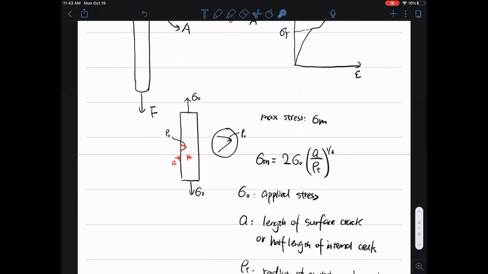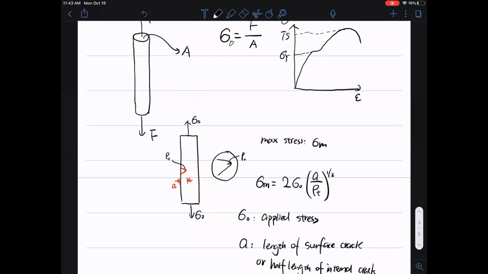So if our sigma naught, for example, on our stress strain curve, is not very large, sigma naught is over there, way below yielding stress. But if we have a crack, that sigma m can be significant, can be somewhere over there based on calculation.